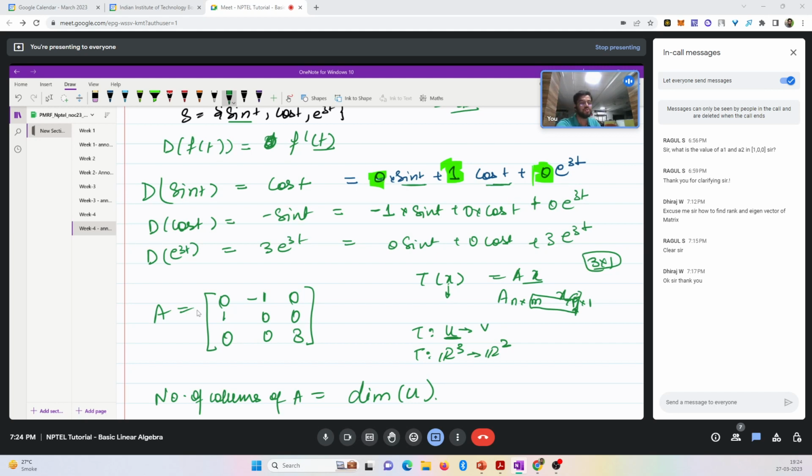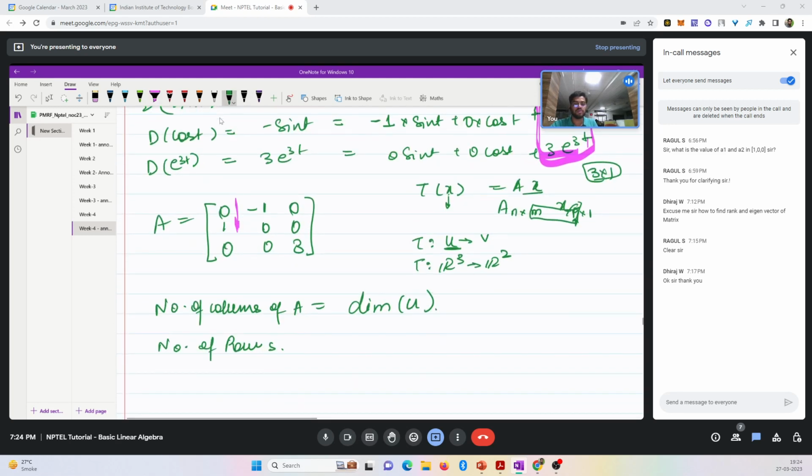Let's say you had only 2 basis elements here. Then in every column there would have been only 2 elements, that is 0, 1 probably, right?